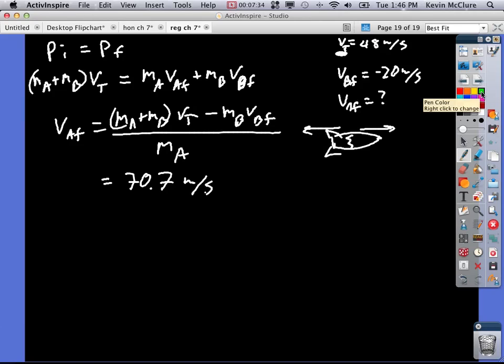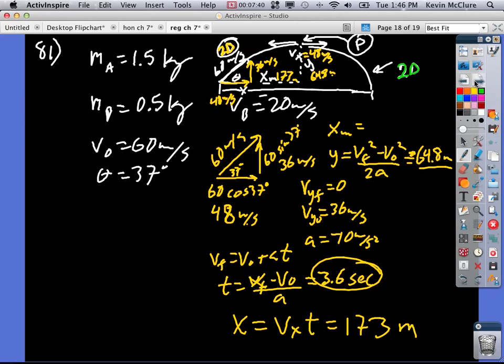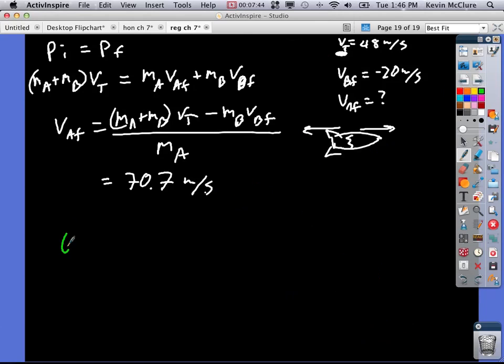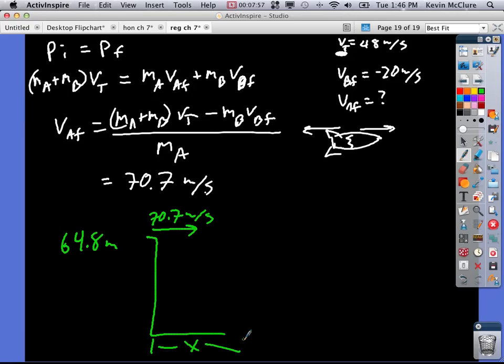All right, now we're ready for part 3. And we know that our rocket is 64.8 meters in the air. So it's 64.8 meters high. So it's kind of like a cliff problem. And it has an initial velocity of 70.7 meters per second. So the question is, what is x?